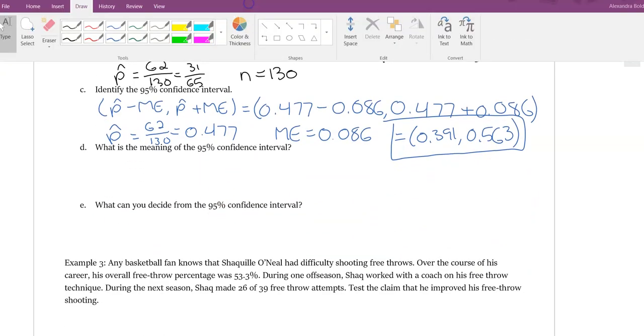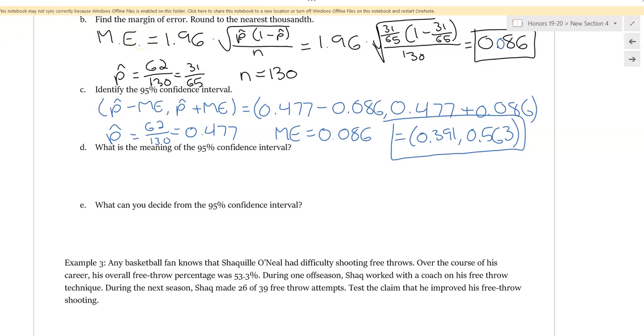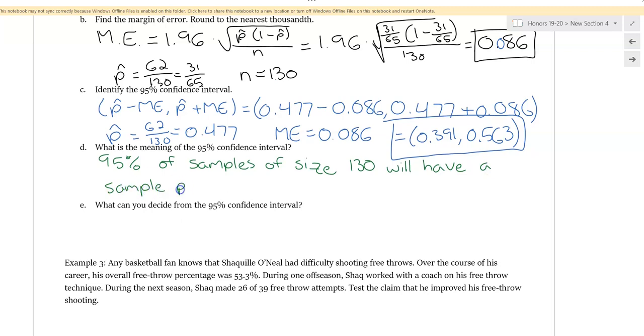So now, what is the meaning of the 95% confidence interval? Well, 95% of samples of size, this one had a size of 130, will have a sample proportion, because we're not talking about mean anymore, between, I'm going to put these into percent, 39.1% and 56.3%.